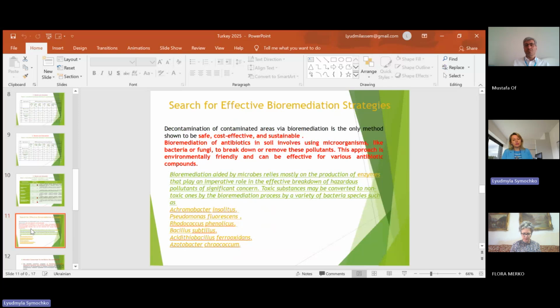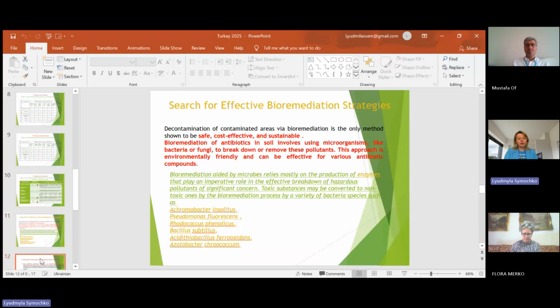So we considered different kinds of bacterial strains: Achromobacter, Pseudomonas fluorescens, Rhodococcus phenolicus, Bacillus subtilis, Acidithiobacillus ferrooxidans, and Azotobacter chroococcum.